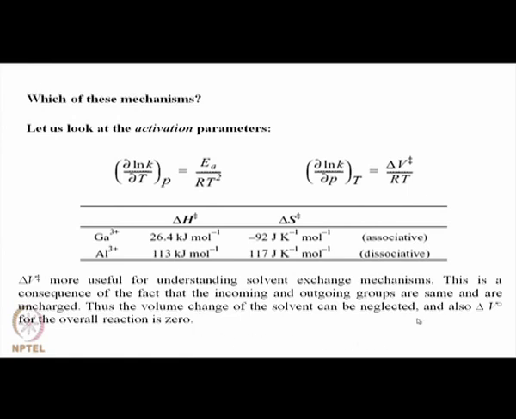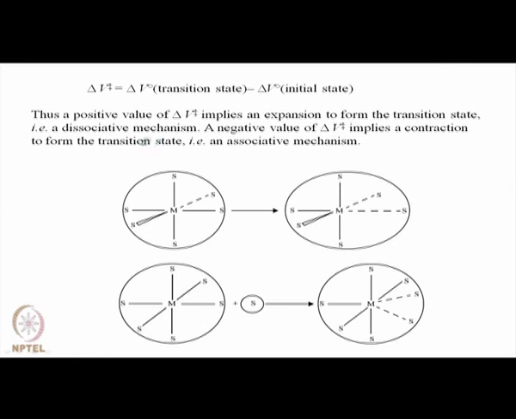So it is neglected, and for the overall reaction delta V activation is close to 0. Volume of activation is delta V 0 of the transition state minus delta V 0 of the initial state. Thus, a positive value of delta V activation implies an expansion to form the transition state, that is, a dissociative mechanism.